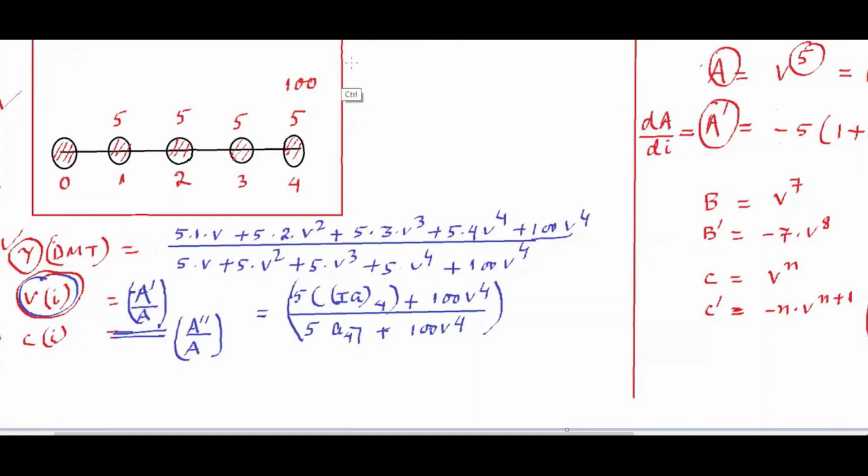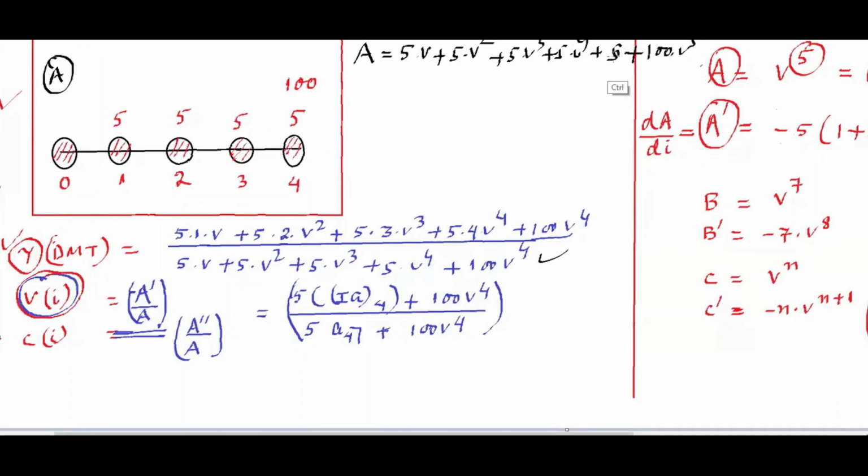Let me write a dash first of all. Here A is the present value, this new denominator. Okay, so I want to differentiate this one. Let me write A here: 5v square, and the final one is 100 v power 5.